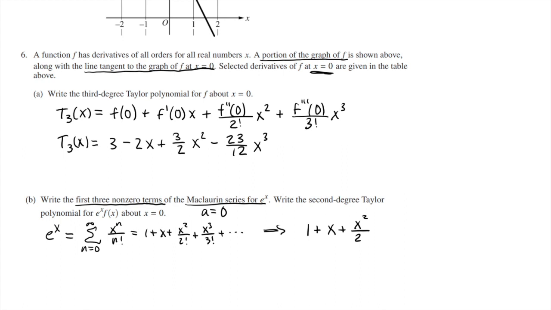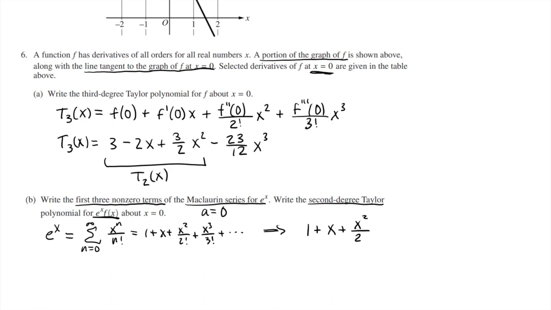Now they say to write the second degree Taylor polynomial for e to the x times f of x about x equals 0. And the key idea here is, how do we do that? Well, we know the degree 2 Taylor polynomial for e to the x. We know the degree 2 Taylor polynomial for f of x.